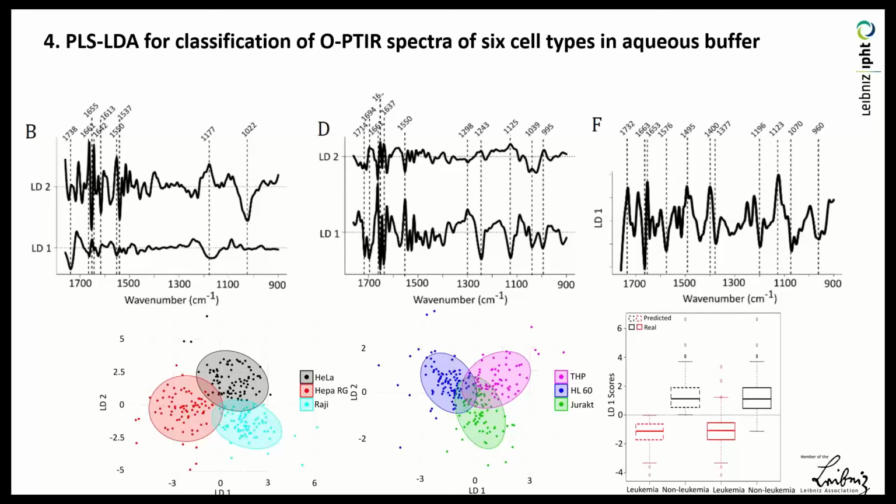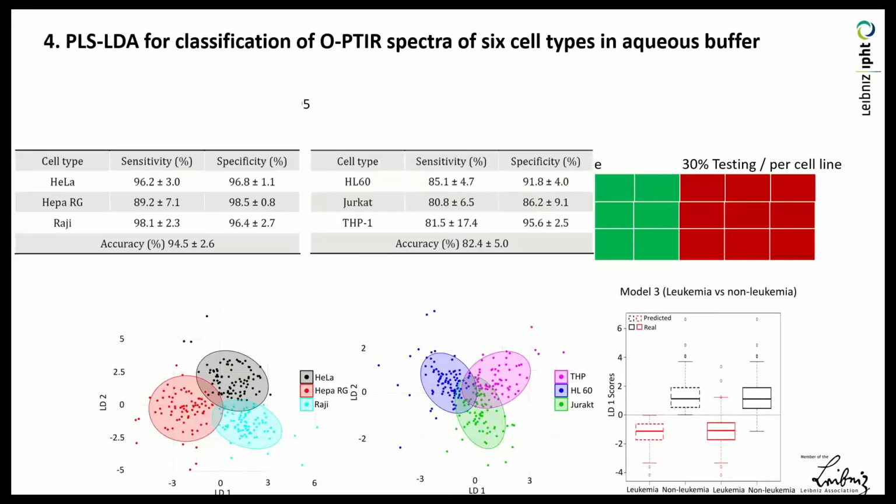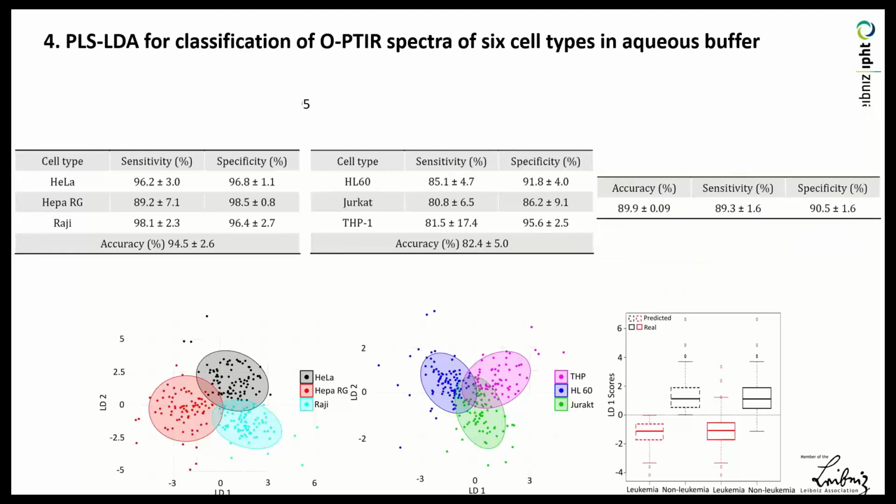But nevertheless, here are the tables with sensitivity, specificity, and accuracy, which are more than 90% for model 1, the cancer cells, around 82% for the leukemia cells, which show more overlap, and again approximately 90% for the cancer versus leukemia cells.